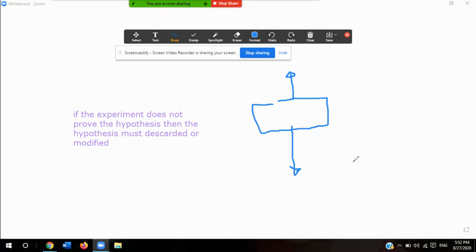And to summarize a theory in very simple terms, although I'm going to read the definition in about a minute, a theory is something that explains a wide array of, in this case, natural phenomena.